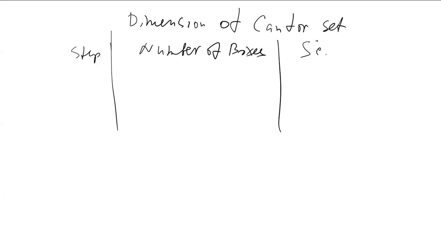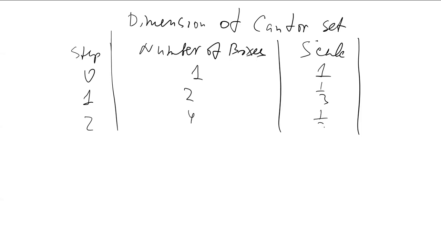You can call it scale. So at step 0, we have one box and the length scale is 1. At step 1, we have 2 boxes and scale is 1/3. At step 2, we have 4 boxes, 1/3 squared. So at step n, we have 2 to the power of n boxes, 1/3 to the power of n.